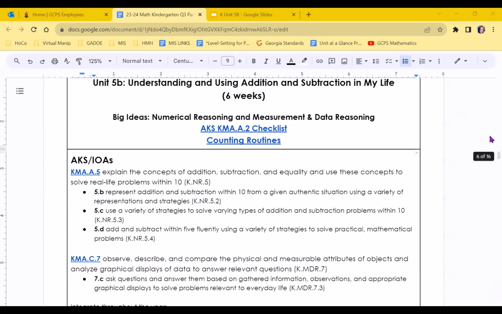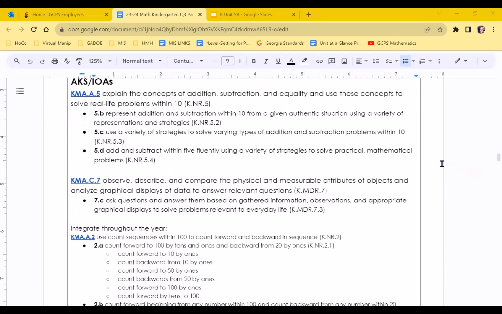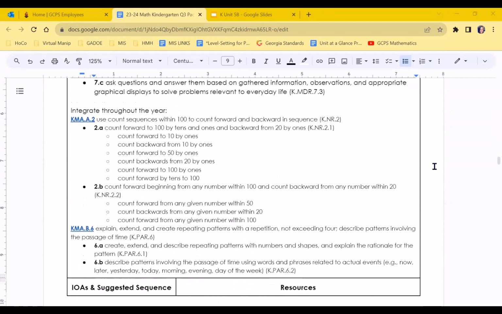The big ideas, numerical reasoning, and patterning and algebraic thinking for the unit are included as well, as any links we feel should be beneficial for the entire unit. Next, you will see a list of the AKS and IOAs, which have been strategically clustered together. This is followed by our suggested pacing.